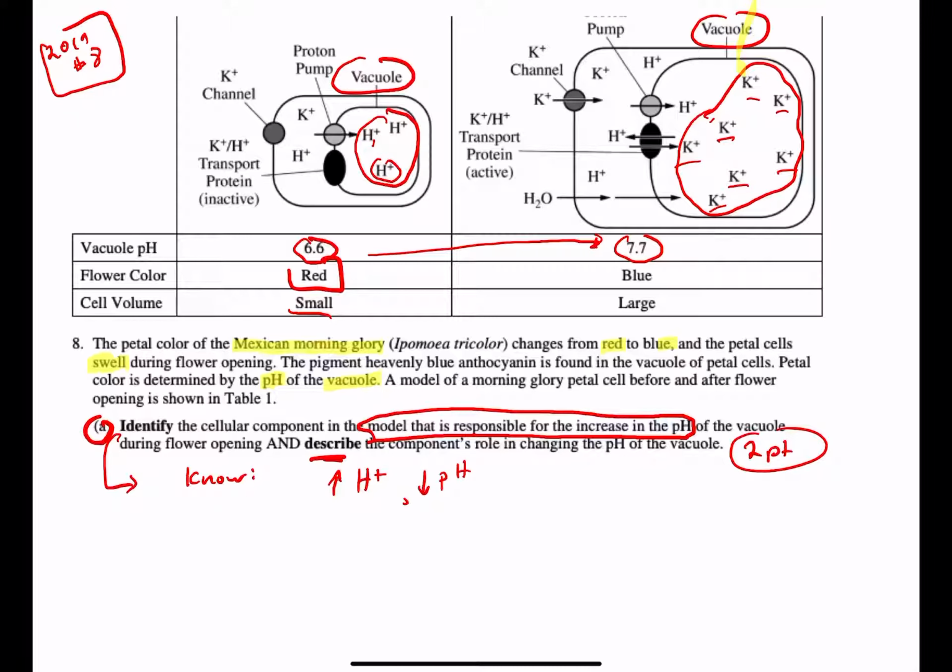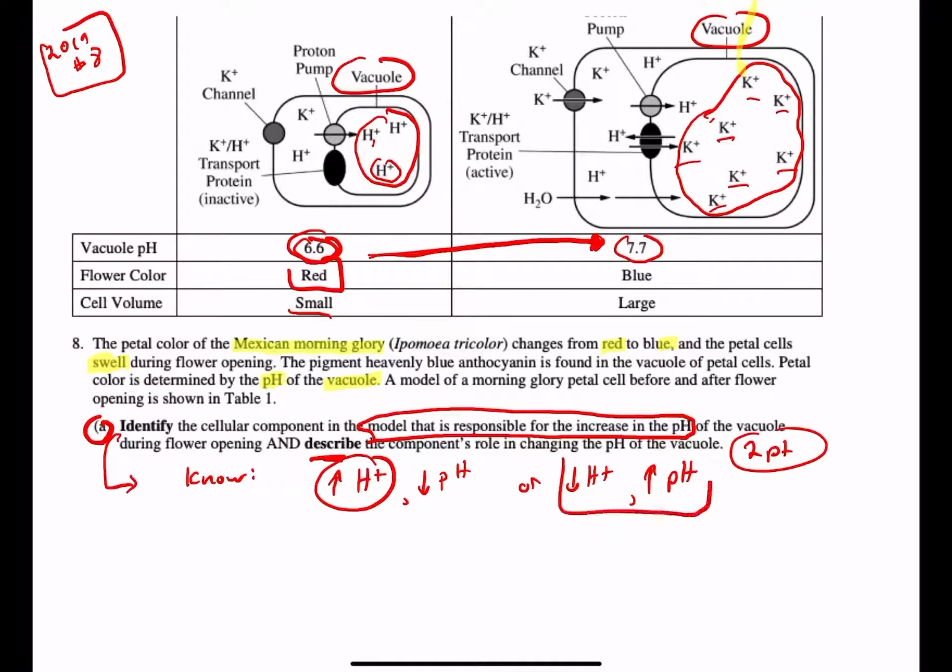And vice versa, if you decrease the concentration of H plus, you're going to be increasing the pH. If you look back to this model, the pH is going from a 6.6 up to a 7.7. So really what you're looking at is that the protons have left, so the H plus ions are leaving.